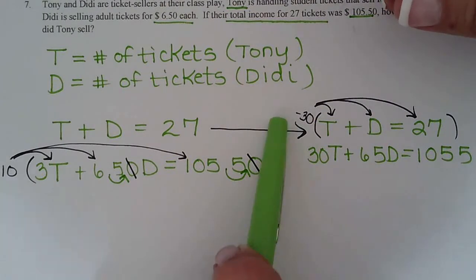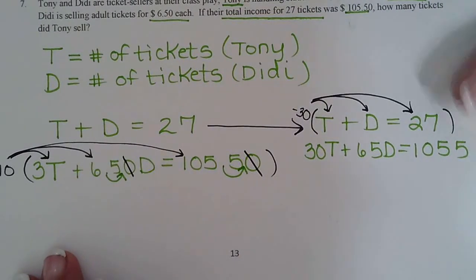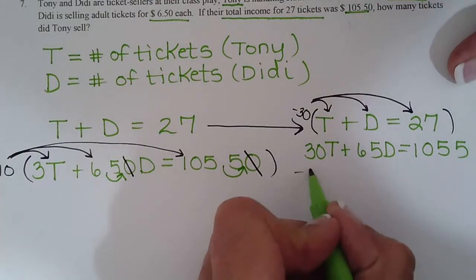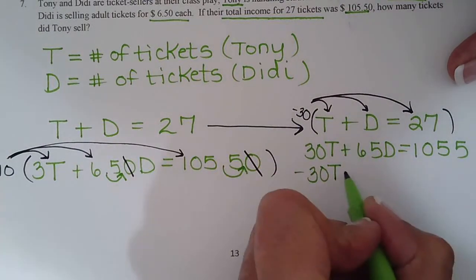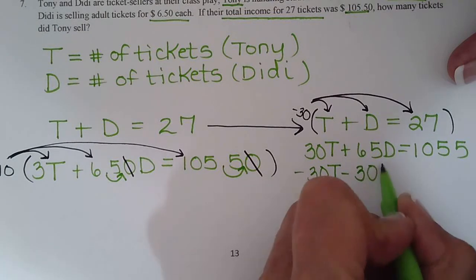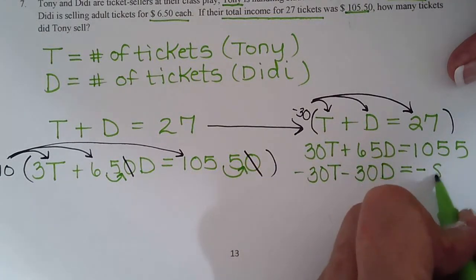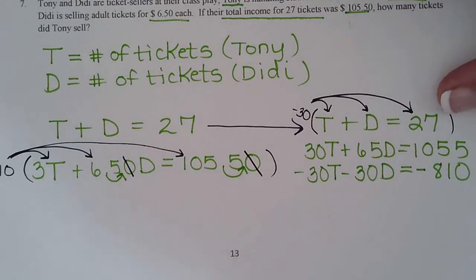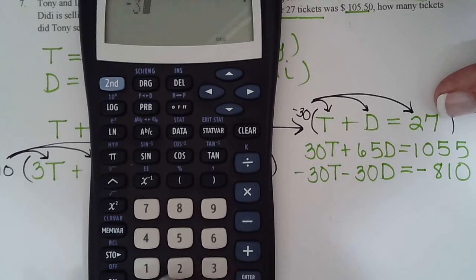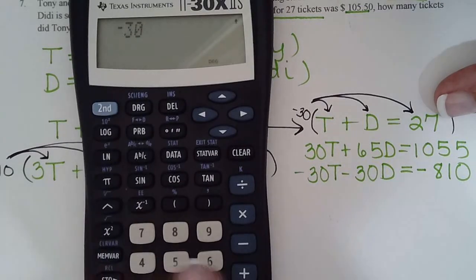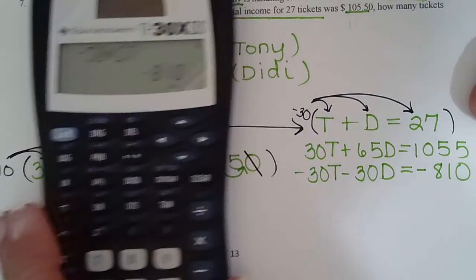So that's going to be negative 30T and negative 30D and negative 810, I believe. But let's check it out. So negative 30 times 27. Negative 810. Good.